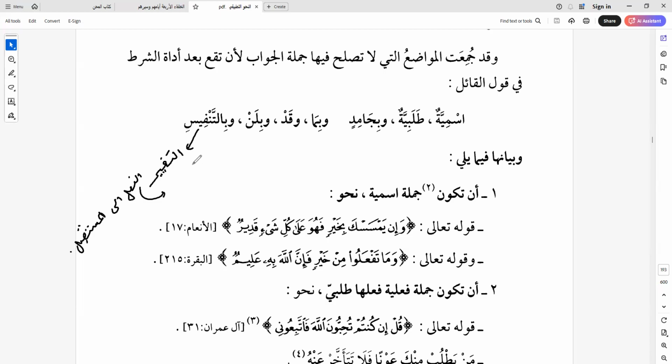Particularly لا سيما فعل المضارع. If you change فعل المضارع to the future, then we have what we call التنفيس. التنفيس is also called التسويف والمستقبل. التسويف.